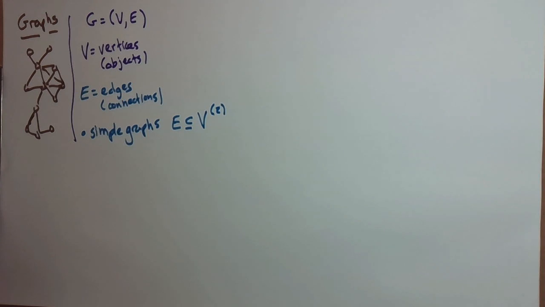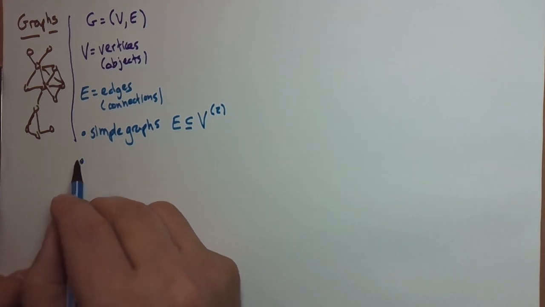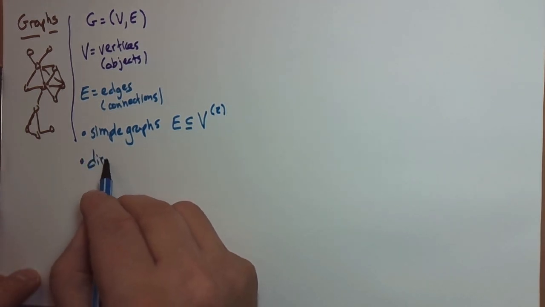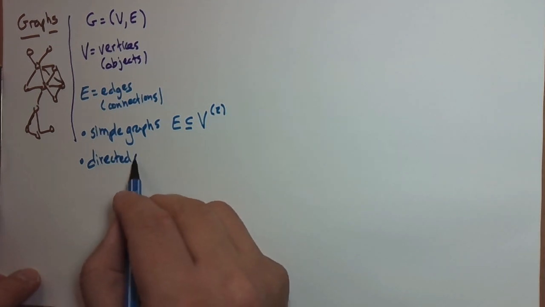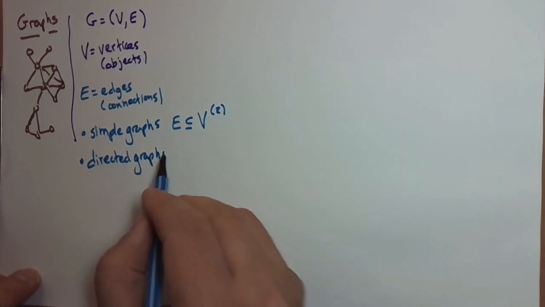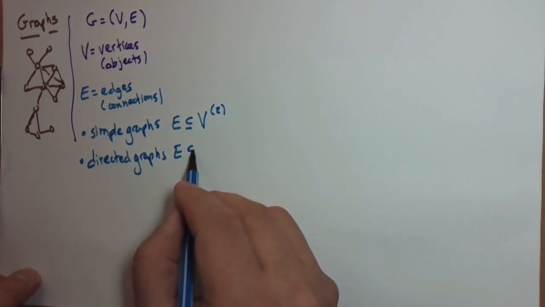That's just all the 2-element subsets of vertices, so it's all the possible pairs of vertices. Order doesn't matter. We could have directed graphs, and for that, order does matter.